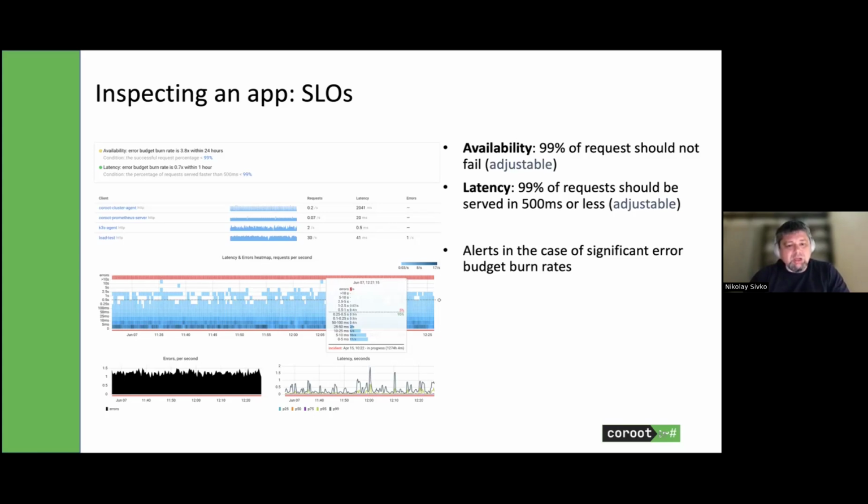Alerts are also based only on SLOs. So in our product, we notify users only about SLO violations. If your service is meeting its SLOs, you don't need to know about high CPU usage on related nodes or any other problems.